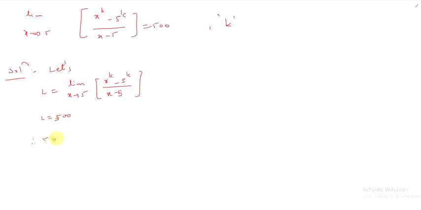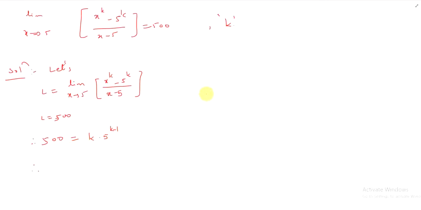Therefore 500 is equal to, by using the formula for this standard form, n into a raised to n minus 1, where n is equal to k and a is equal to 5, that is k into 5 raised to k minus 1.